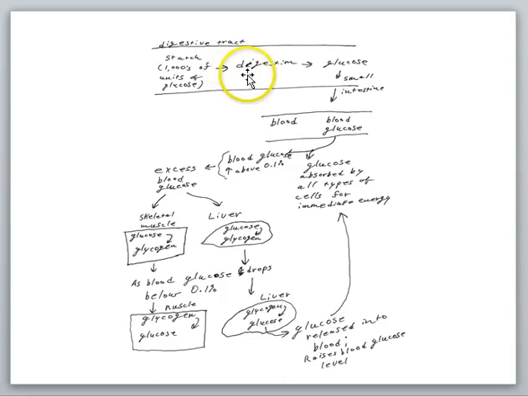Process of digestion occurs, and we break the starch down to glucose. The glucose is what we can absorb through the small intestines. We cannot absorb the larger molecules. We've got to break it down to its monosaccharides. So this glucose now goes into our bloodstream, and our blood glucose levels start to go up.